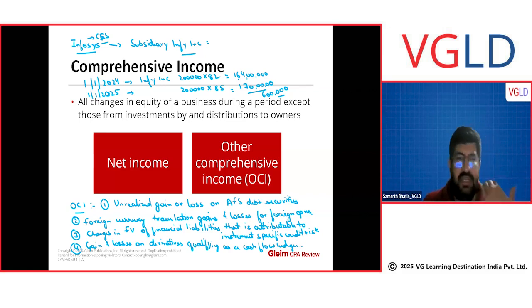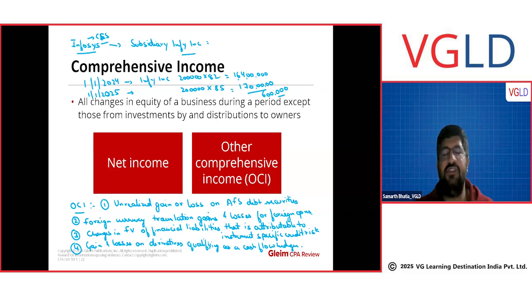Means the company gets their investments hedged through derivatives. So whenever the company has entered into derivative instruments, there is a most likely chance that derivatives can be reflected at a gain or at a loss. So if there is a gain or loss on the derivative instrument that qualifies as a cash flow hedge, like we are hedging our position, it will be reflected under OCI.